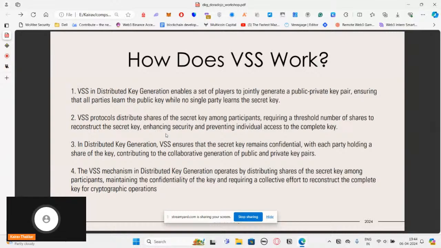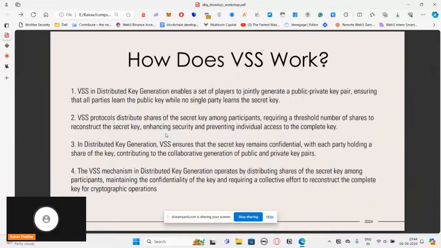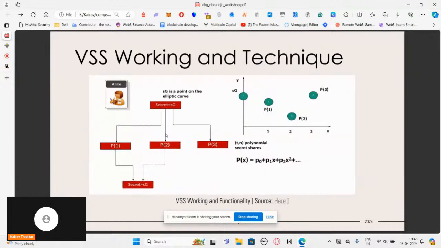Now, let's talk about verifiable secret sharing. Here is a key image. I will go back one slide just to give you key points, right? But before we do that, just a pictorial representation of how the elliptic curve comes into play, secret generation. Observe that we are distributing the key among different individuals, and then we are using a threshold amount of individuals to generate a secret.